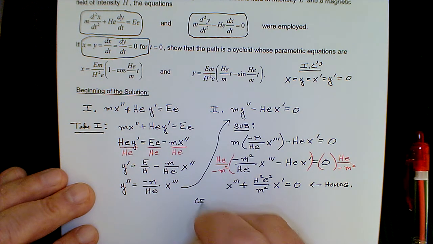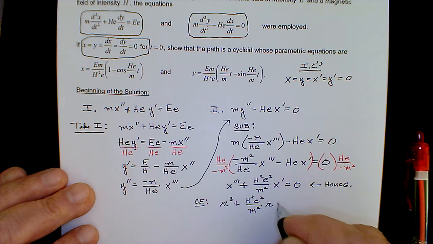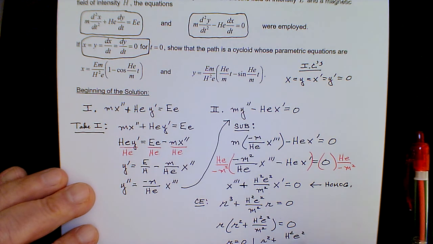We can get the characteristic equation. So that's r cubed plus h squared e squared over m squared times r equaling 0. We'll factor out an r, with r squared plus h squared e squared over m squared is 0. Set each factor to 0. So r is 0 and r squared plus h squared e squared over m squared is 0.